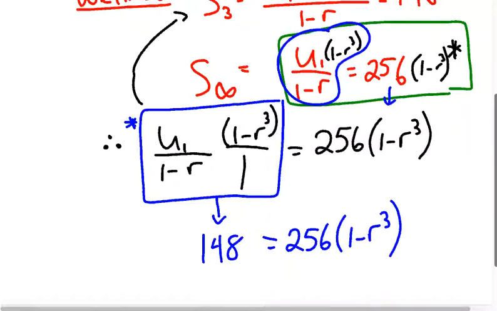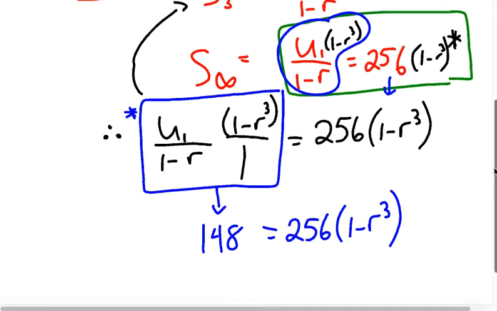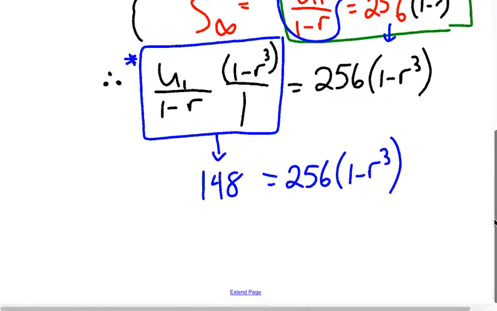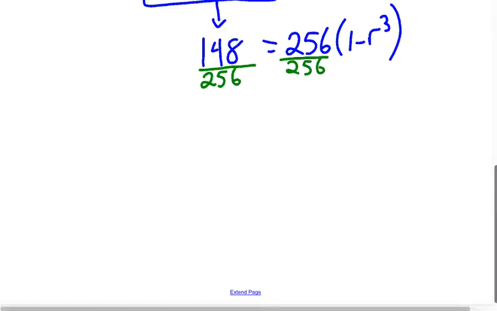Now we just got to solve for r. So we're actually finding the common ratio first. I'm going to divide both sides by 256, and that's going to become 148 over 256 equals 1 minus r to the third.